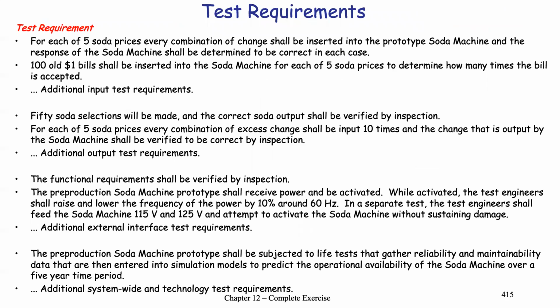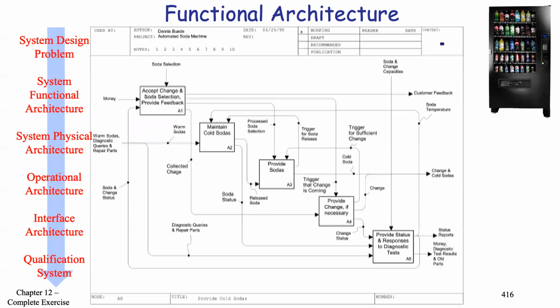There's a variety of test requirements, and you can read through this to get some insight into the types of things that would be used for test requirements, but I'm not going to go through that in detail. Here we're showing the functional architecture. We see the general process: it needs to accept change and soda selection, maintain the cold soda, provide the soda, provide change, and provide status and response to diagnostic test.